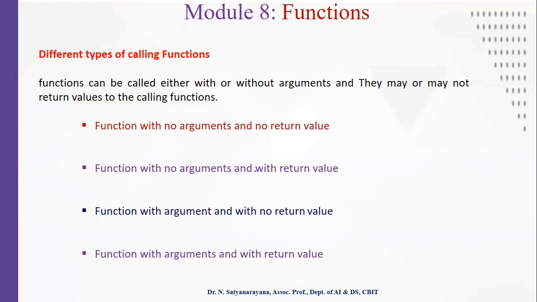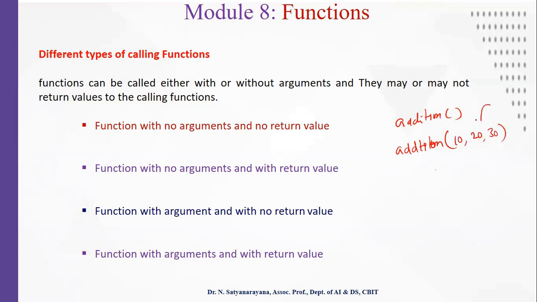Then the function can be called or invoked in different ways. If I want to call a function, how do I call it? The addition function is called just like this, but you can also call addition like this, in the sense, say 10, 20, 30.